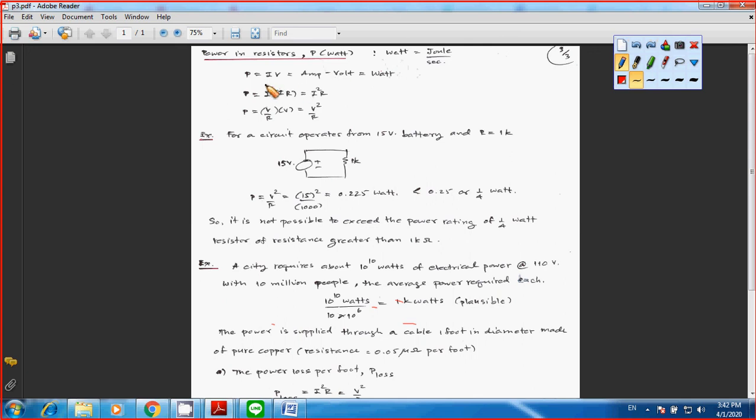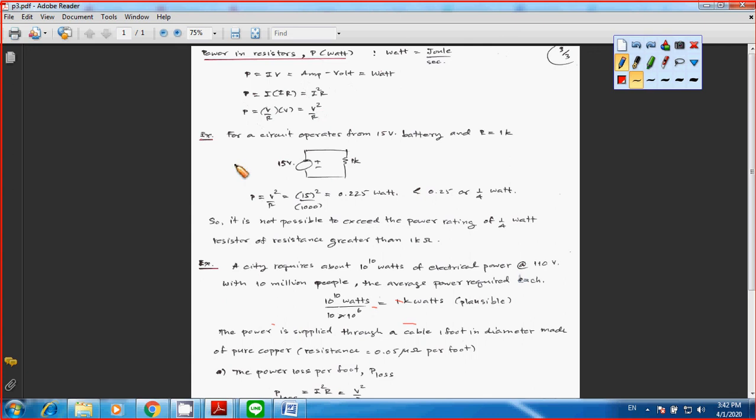And P equals IV, or the unit of amp times volt, or watt. And you can use the relation of power with current and resistance, which is I squared R, or the relation of power with only voltage and resistance, which is V squared over R.